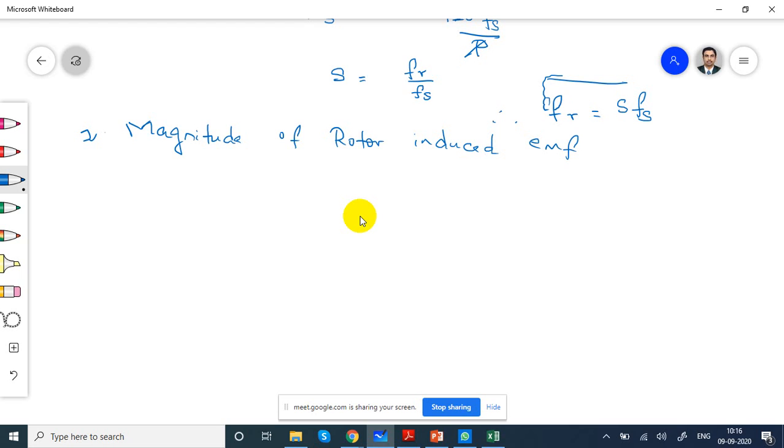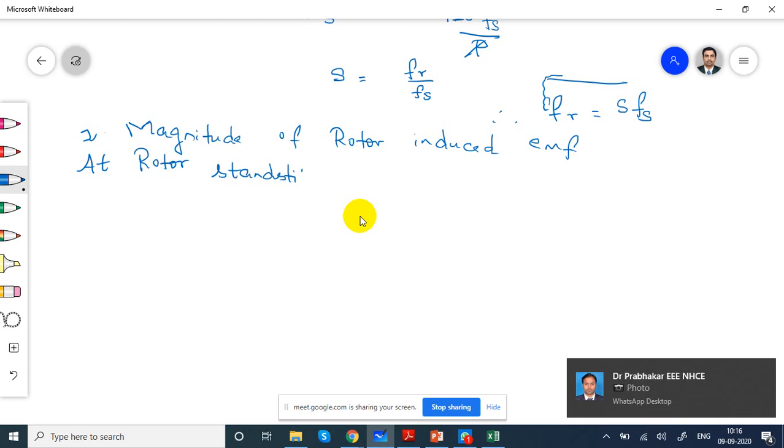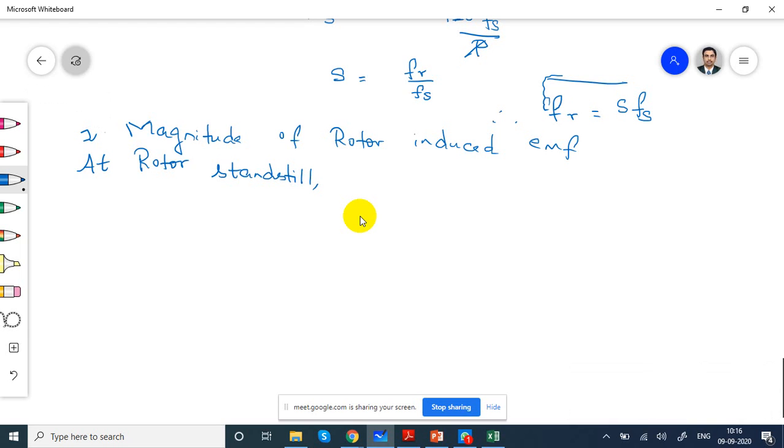The magnitude of rotor induced EMF, the condition is the same, at rotor in standstill. The synchronous speed Ns is directly proportional to rotor induced EMF.